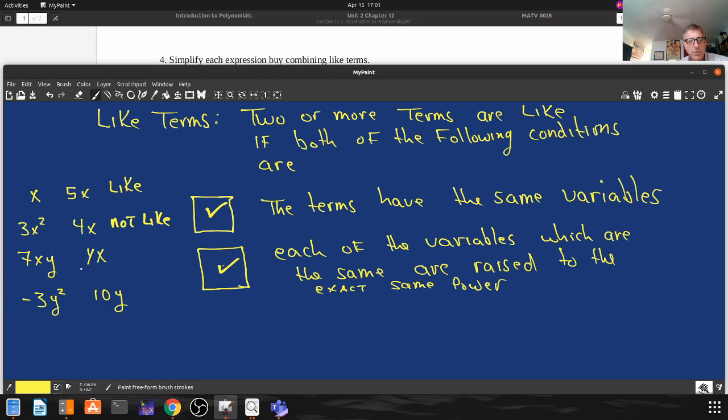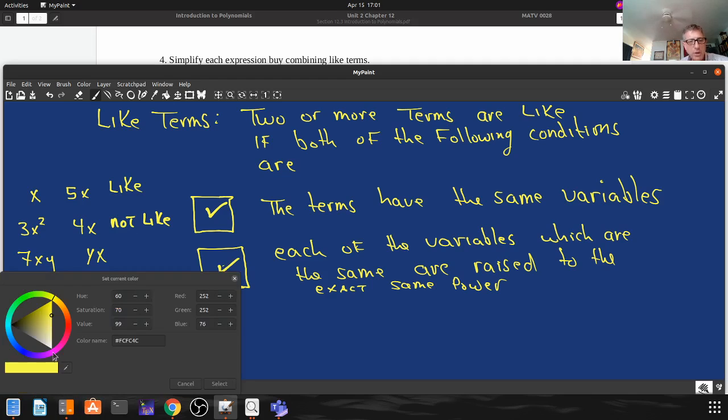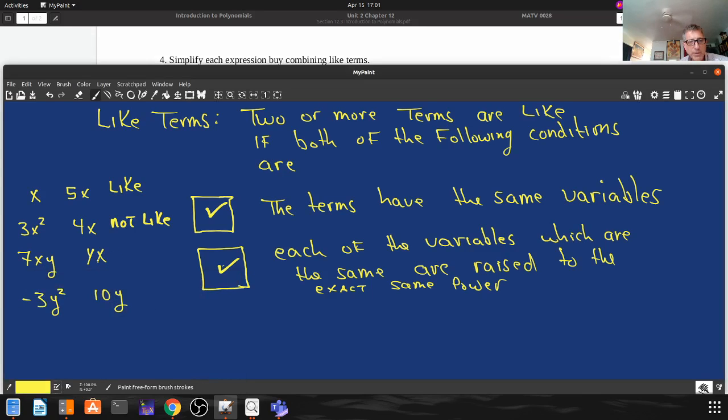In general, what you would do is you would make a decision and you would rewrite y times x as x times y. Why? Because it's multiplication, and the order in multiplication doesn't matter.